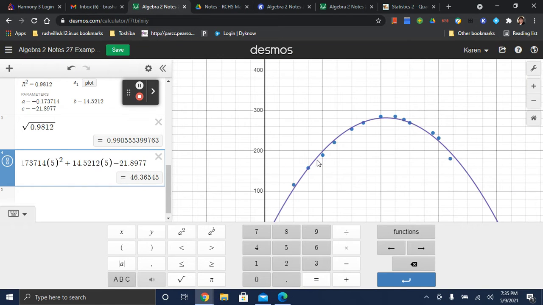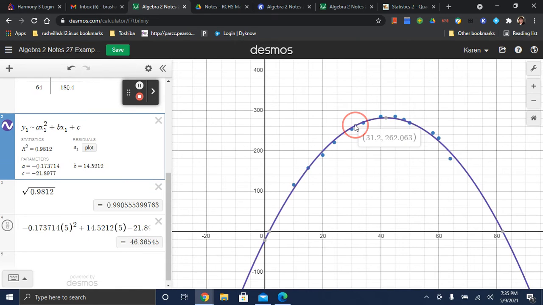What we're looking for are where your y values are at 270. So notice that I am traveling here on the graph, and I'm going to stop when I get to 270, or as close as I can get to 270. I'm not sure I can get right on it.